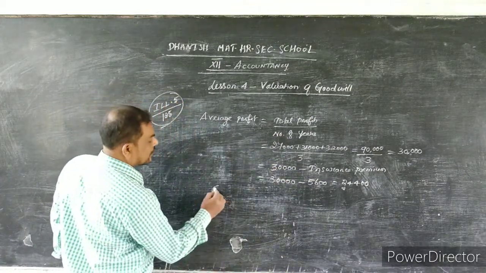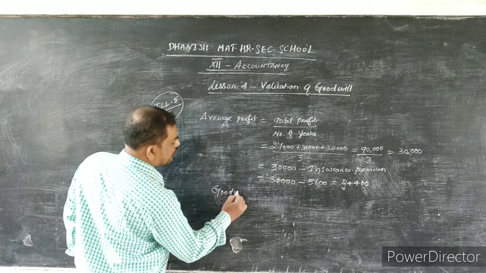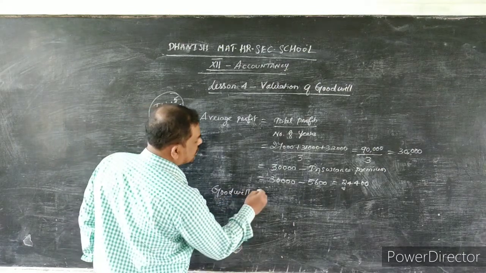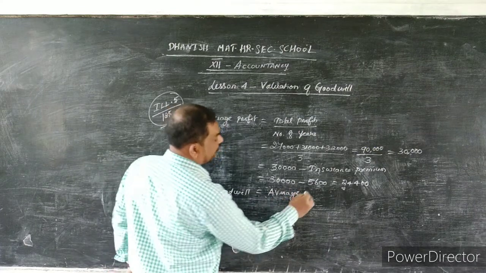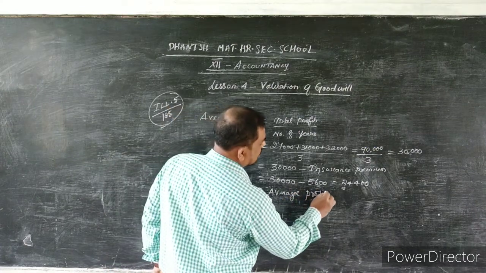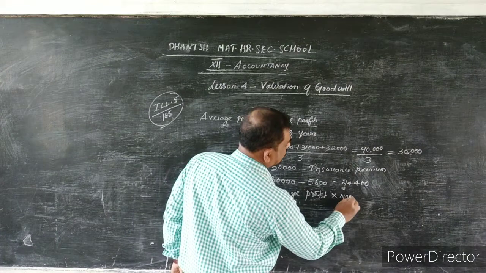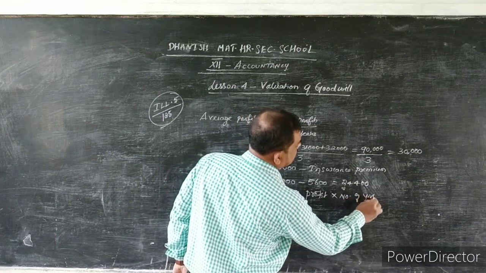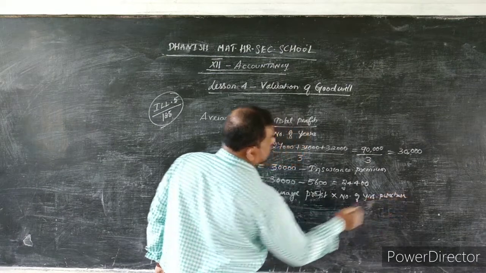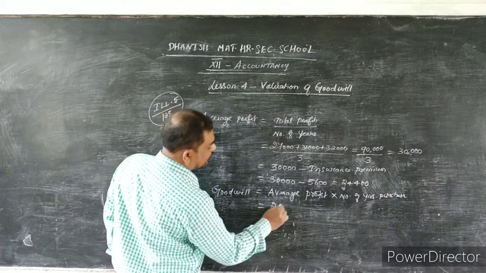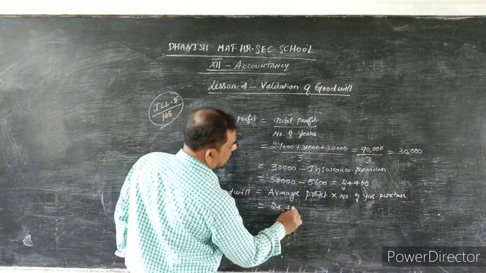Now we have to calculate the goodwill. So what is the formula for goodwill? Goodwill is equal to average profit into number of years purchase. What is the average profit? 24,400.